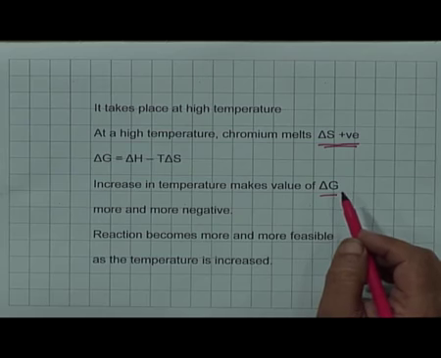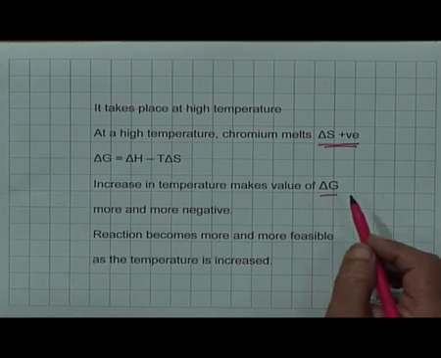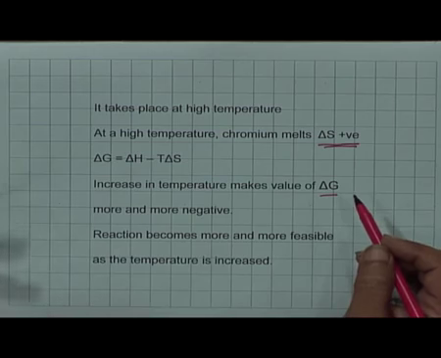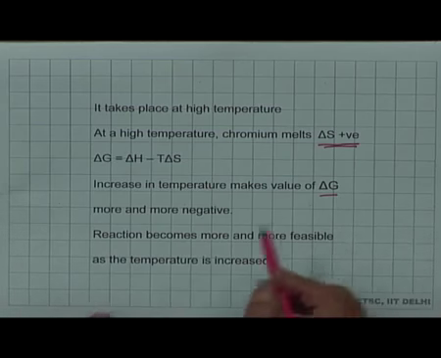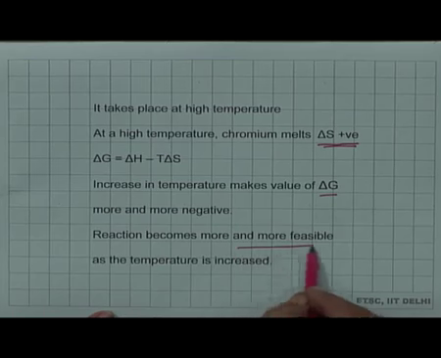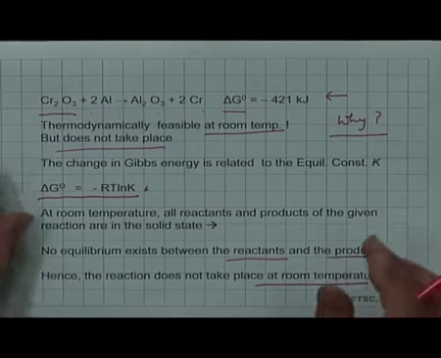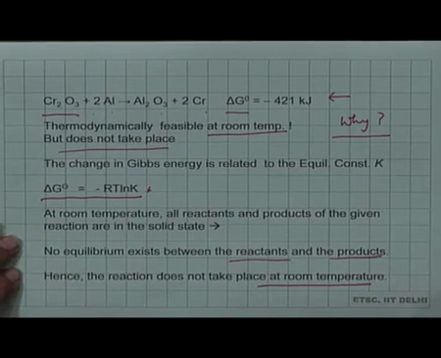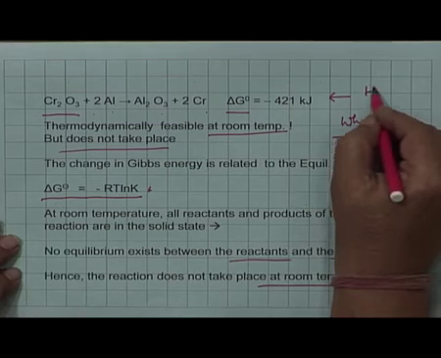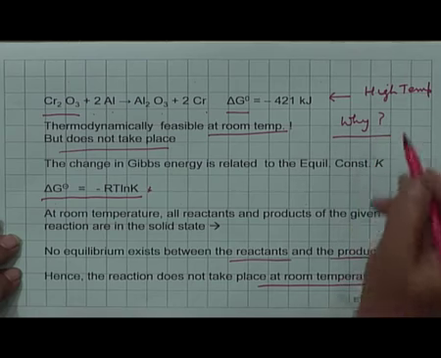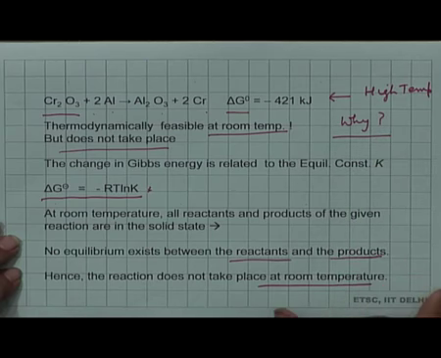So, now obviously the equilibrium is established because there is one phase solid and another phase liquid. In this situation the equilibrium is set up and the reaction becomes feasible as temperature is increased. So, the reduction of chromium oxide with aluminum occurs at higher temperatures, not at room temperature. Thank you very much.